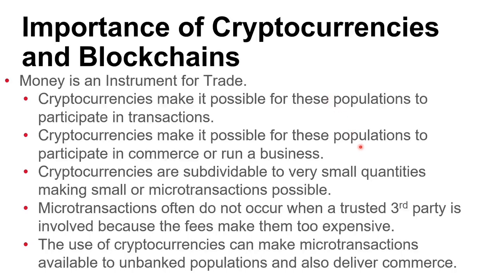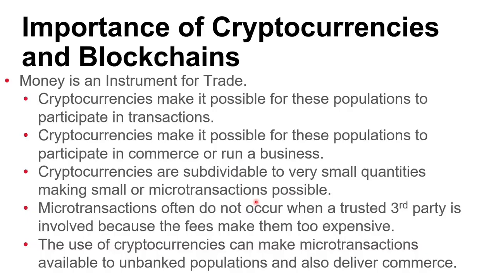Cryptocurrencies make it possible for all populations to participate in transactions. If we think about what they sometimes call unbanked populations, where banking services are not available, cryptocurrencies and blockchains make a great solution because these participants can participate in transactions, usually of very small quantities, or microtransactions.